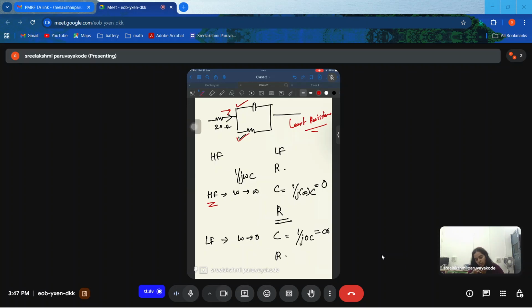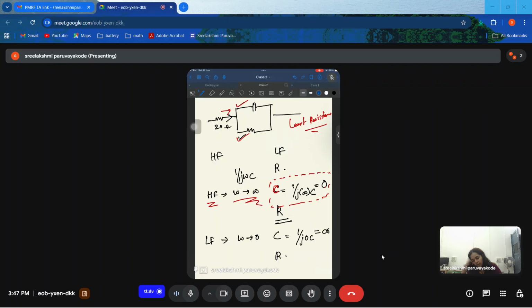Now at the high frequency regime, when omega tends to infinity, the capacitance offers a resistance of 0 and R will still have its value. So out of this, which has the lowest resistance? This is what has the least resistance. So when we are going through the circuit, it will follow this path.